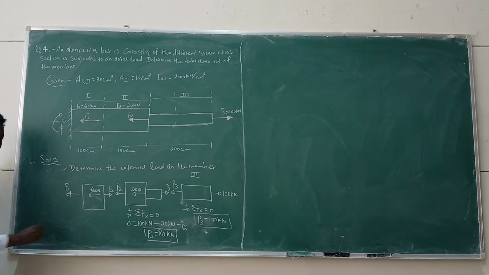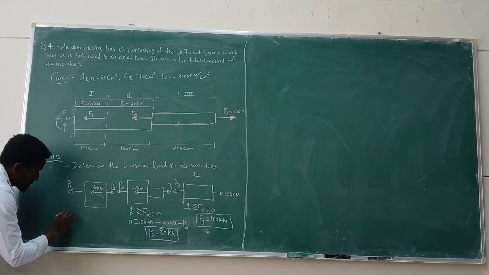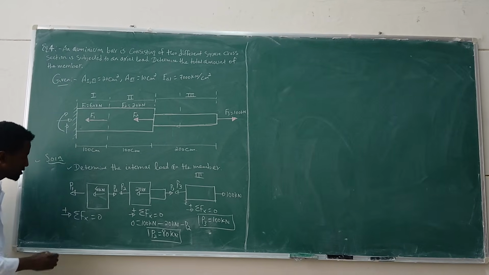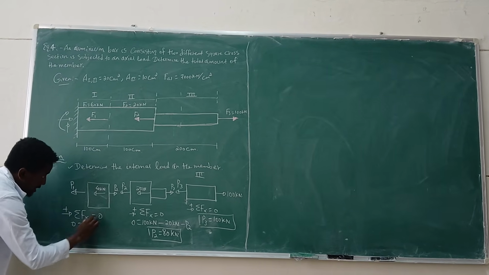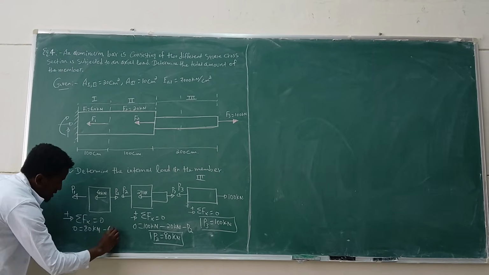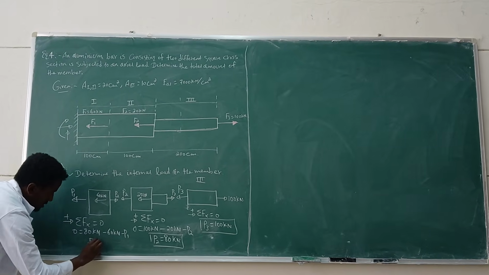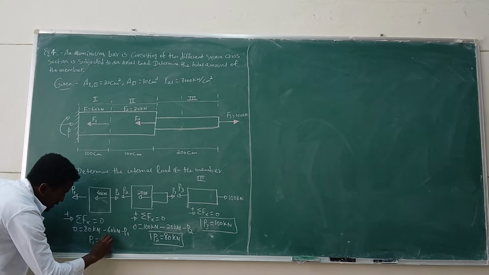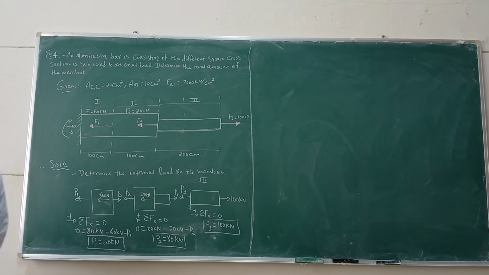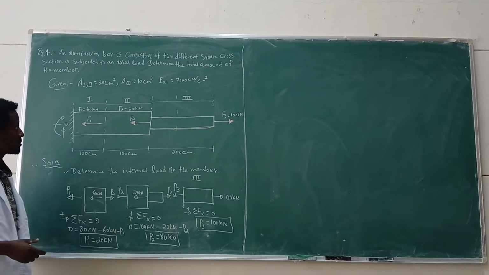Therefore, the direction of P1 is this, again toward the right direction positive. Summation of force in the X is equal to 0. 0 is equal to 80 kilonewton minus 60 kilonewton minus P1. P1 is equal to 20 kilonewton. We can determine all internal forces on the member.